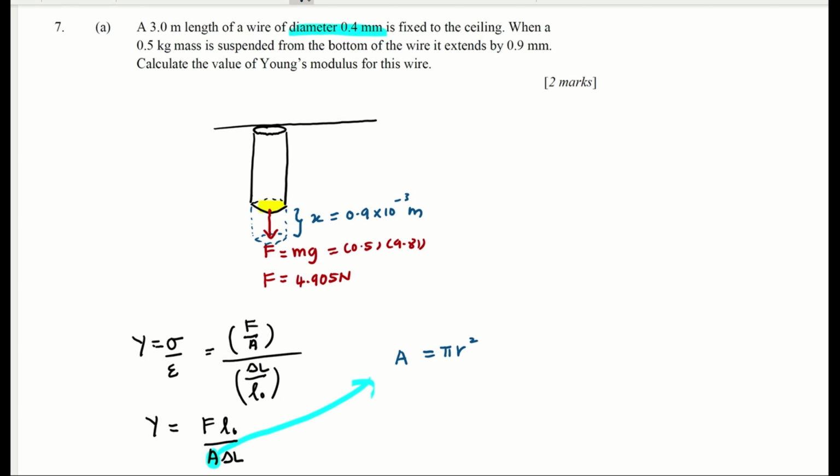Ramai pelajar bila r tu dia terus masukkan pi, diameter tu dia bagi 2, d over 2 squared. Bila you squared, pastikan you kira betul-betul pi d squared over 4. Ini ramai yang careless lah. Pi d squared over 4, bukan pi d squared over 2. Jadi area ni pastikan awak kira dengan betul.